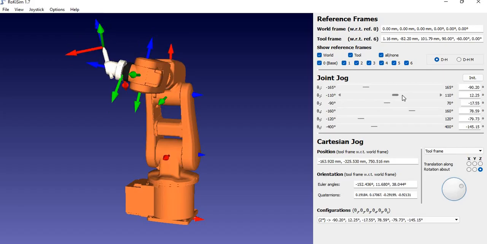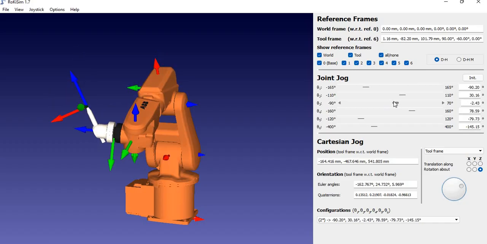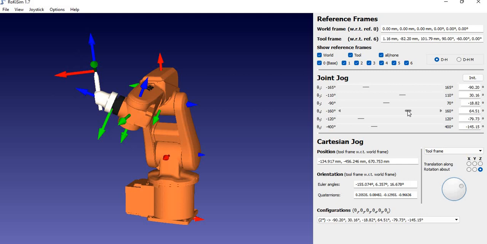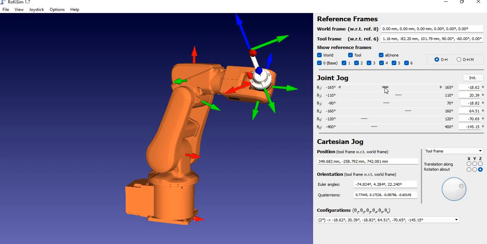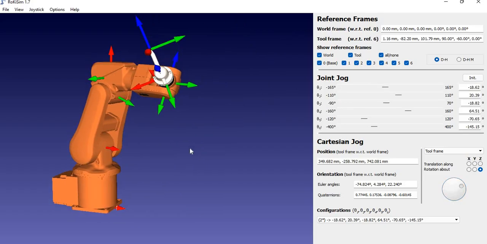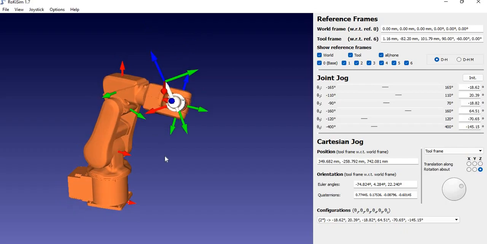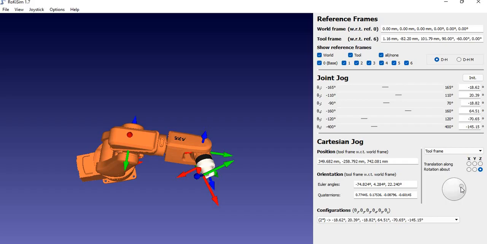Let's see, I will try to turn the end effector to the right with the tool. Okay, but I also wanted to see, let's see from here.